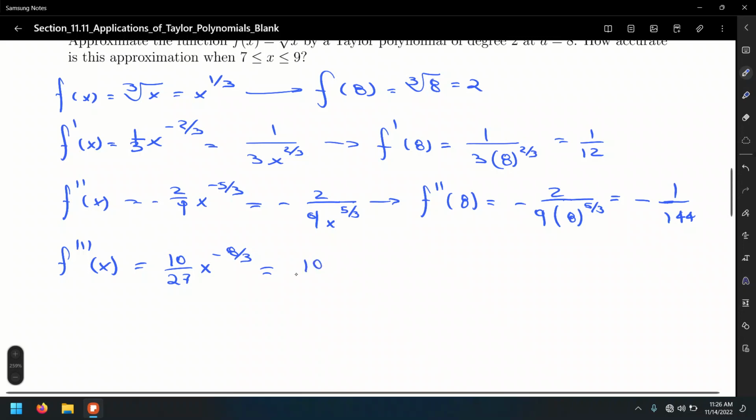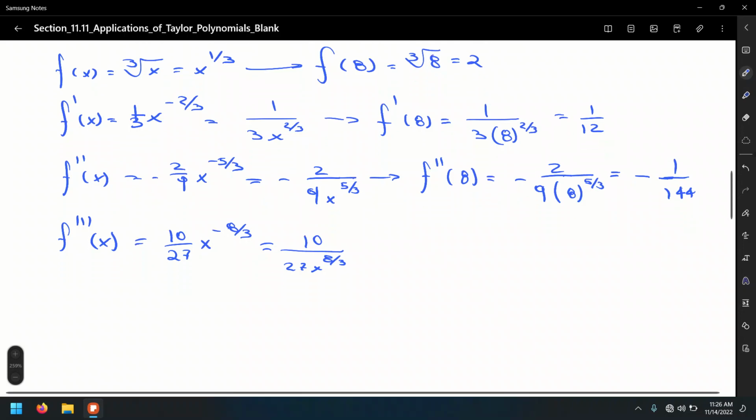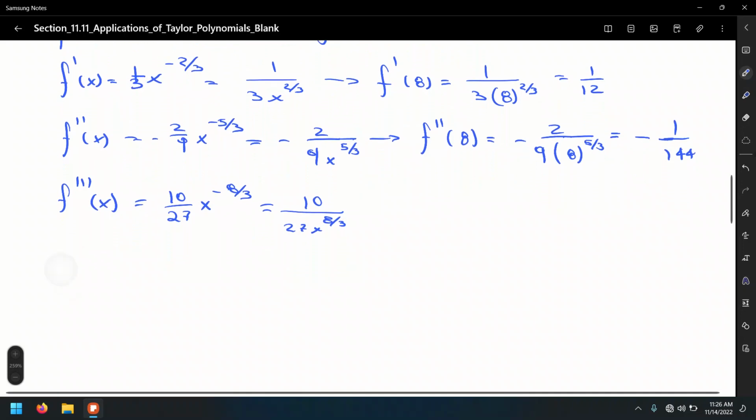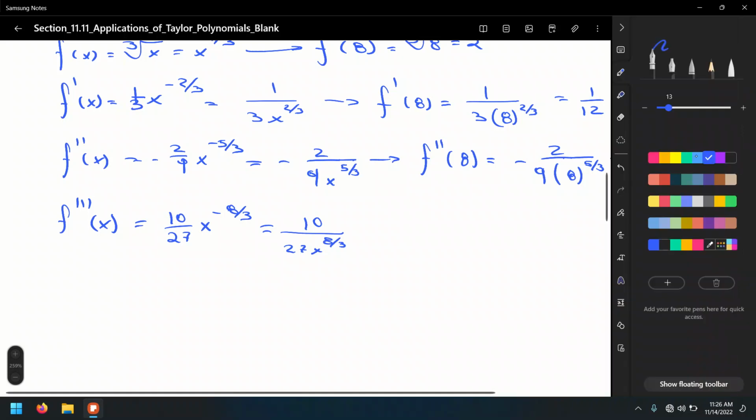So that's 10 over 27 x to the negative 8 over 3. We're not going to evaluate this one because we don't need it for the terms of the Taylor polynomial. So number one, let's list our T2.